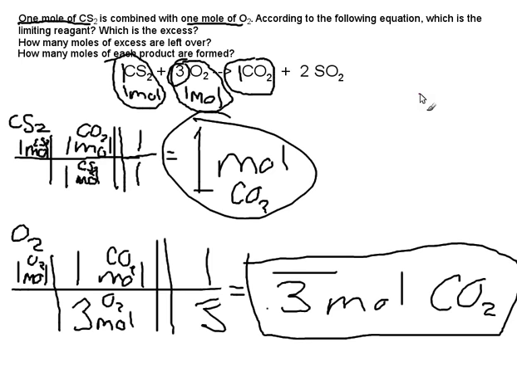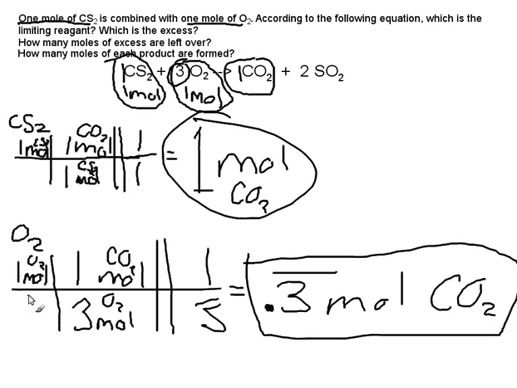So in this one, we can make 1 whole mole of CO2 using CS2. And using O2, you can make only 0.3 moles. So O2 is going to be our limiting reagent, considering you make fewer moles of CO2.